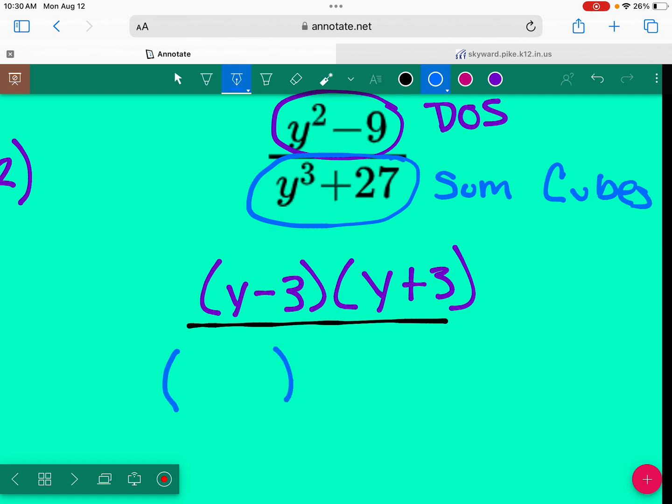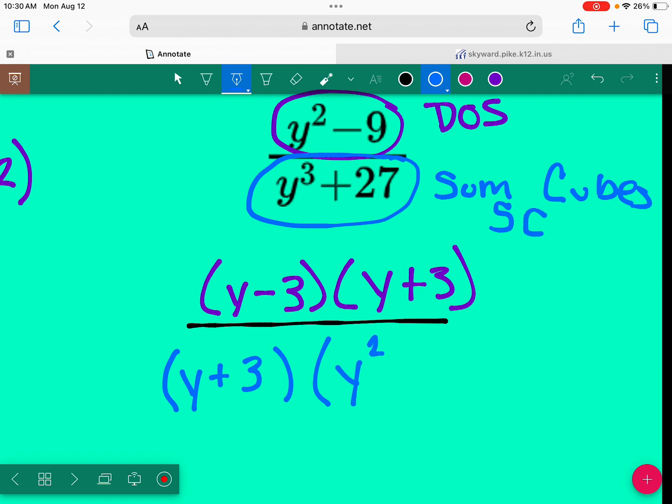We take what was cubed to make each of these pieces. So what is cubed to make y cubed? y. What is cubed to make 27? 3. With our SOAP, we start with the same sign, so this first factor is going to have a plus. Then we take our first piece squared, so we have y squared.